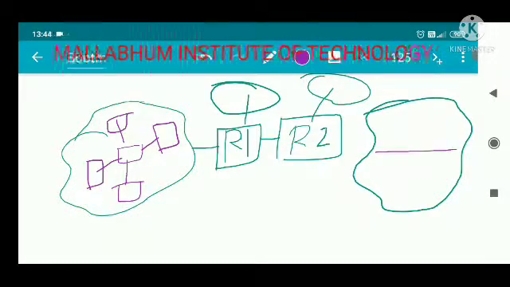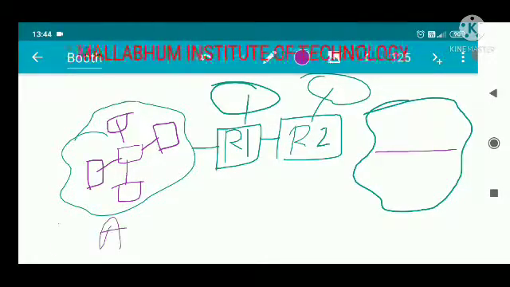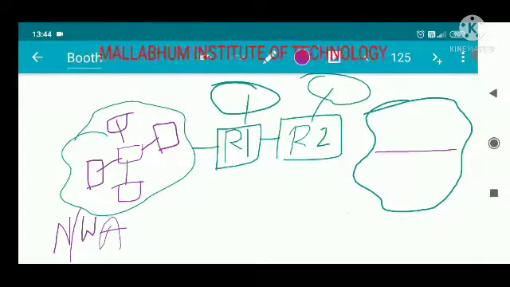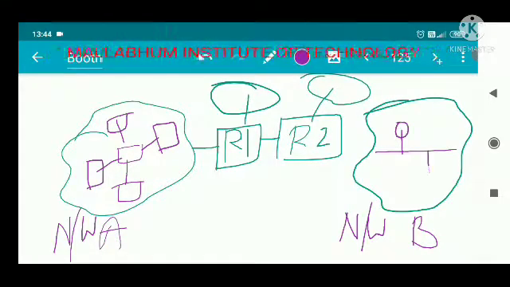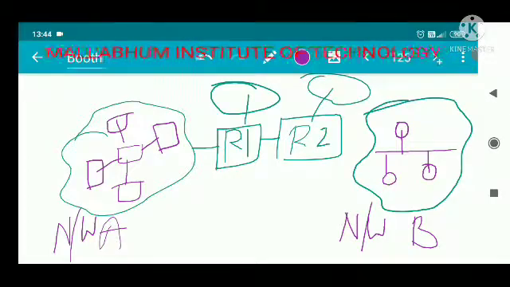Suppose this is network A, and this is network B, and in this network we are trying to implement the bus topology. So this is your host computer.